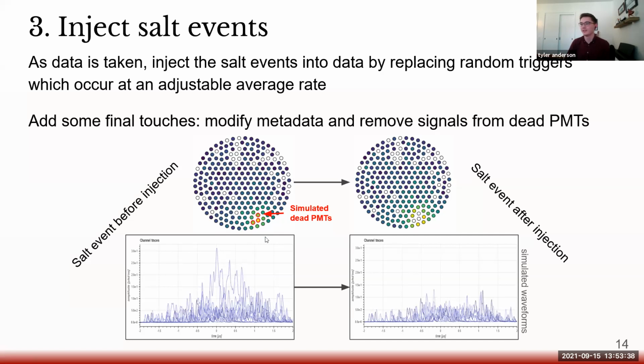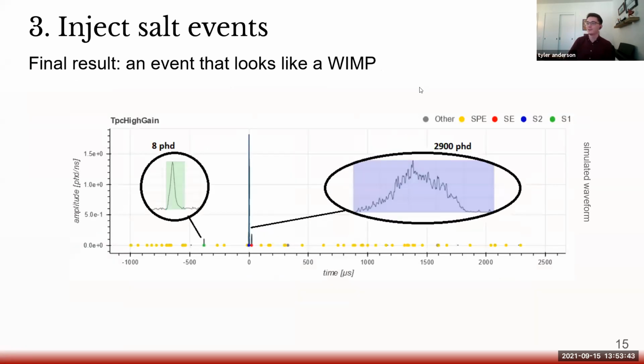That's shown in the plots. The end result is something that looks like a WIMP. So this is one of our waveforms. We have sent some of these waveforms to analyzers to verify that analyzers can't tell the difference between our salt events and simulated NR events.